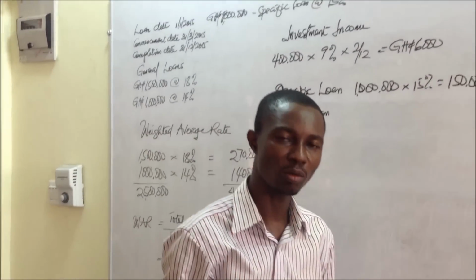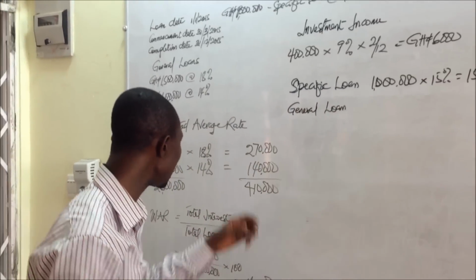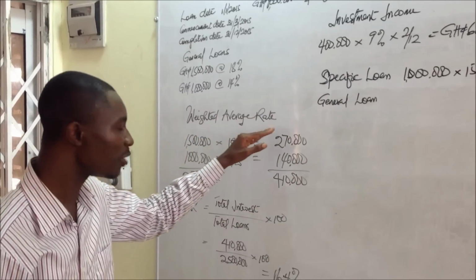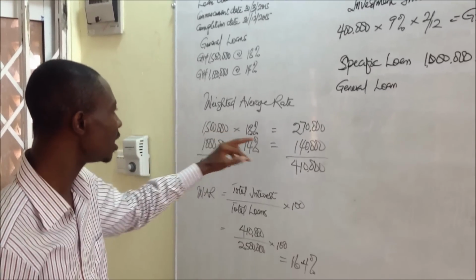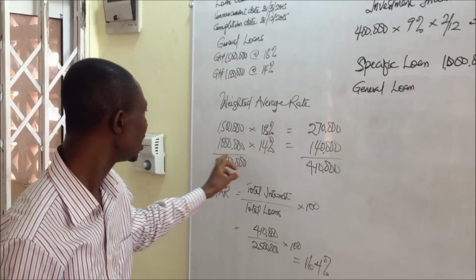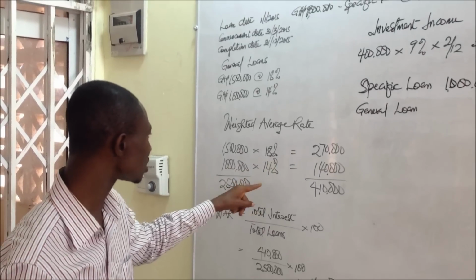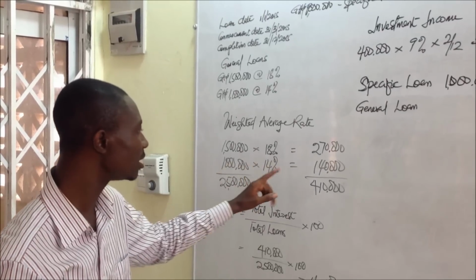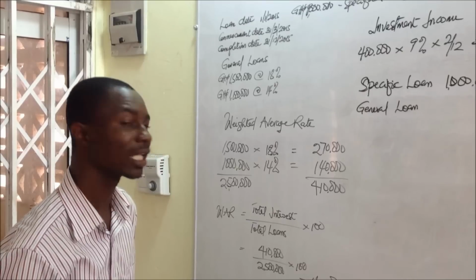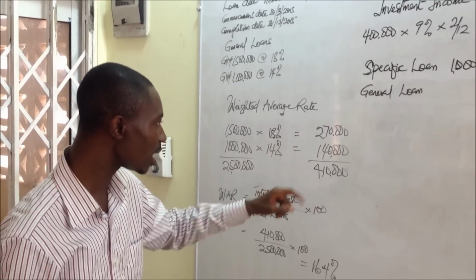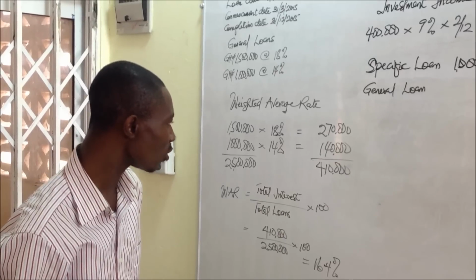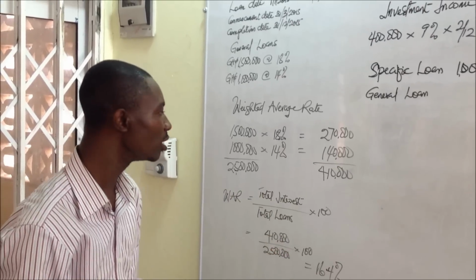Now, I wouldn't need to recompute this because I did the computation earlier when we're calculating the weighted average rate. We calculated 18% on 1.5 million, which gives us 270,000. Then 14% on 1 million, which gives us 140,000. Putting the two together, we have a total loan interest of 410 on the general pool of loans.